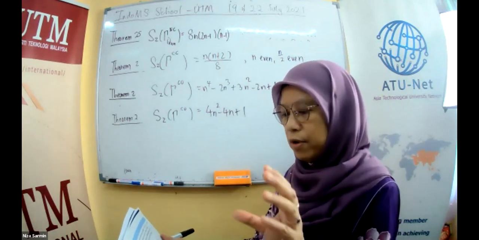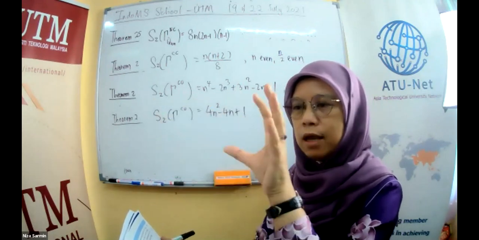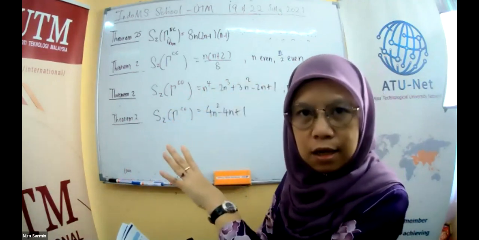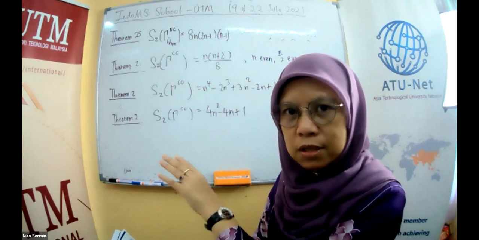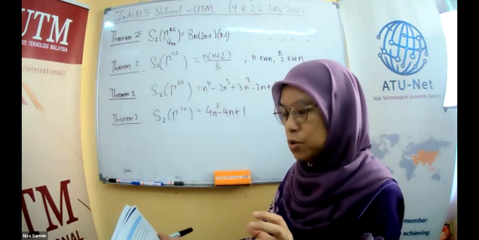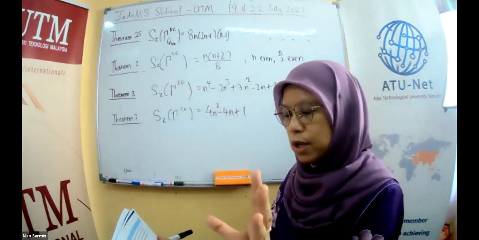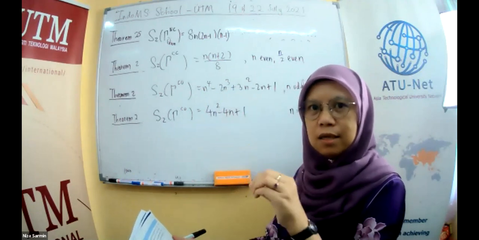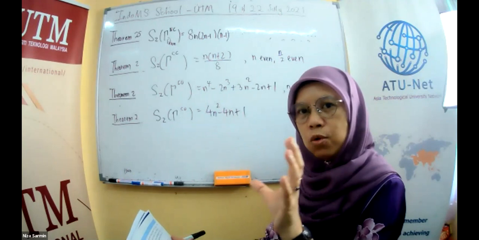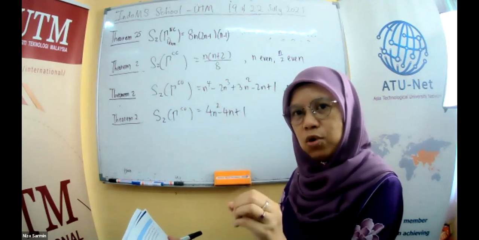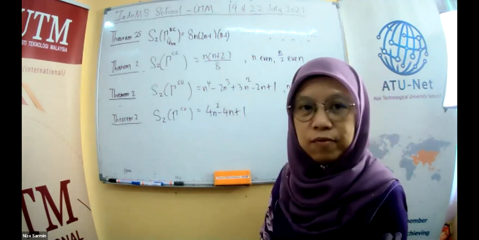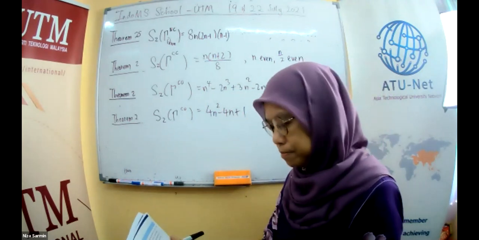You have n sets that have only 2 elements, and another set that has 2n minus 2 elements. So you can see which ones are non-central, and how many edges connect in general. You go one by one and follow, then put it back in the formula, and you will get this. It's quite straightforward.